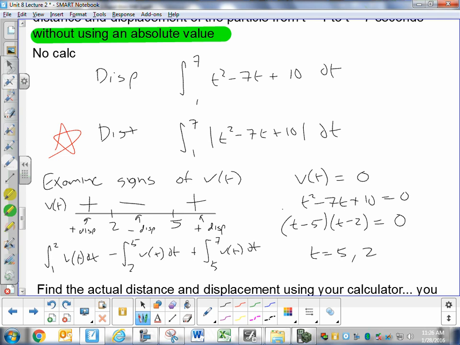Now, using a calculator, go ahead and find this actual displacement and this actual distance, going from 1 to 7.